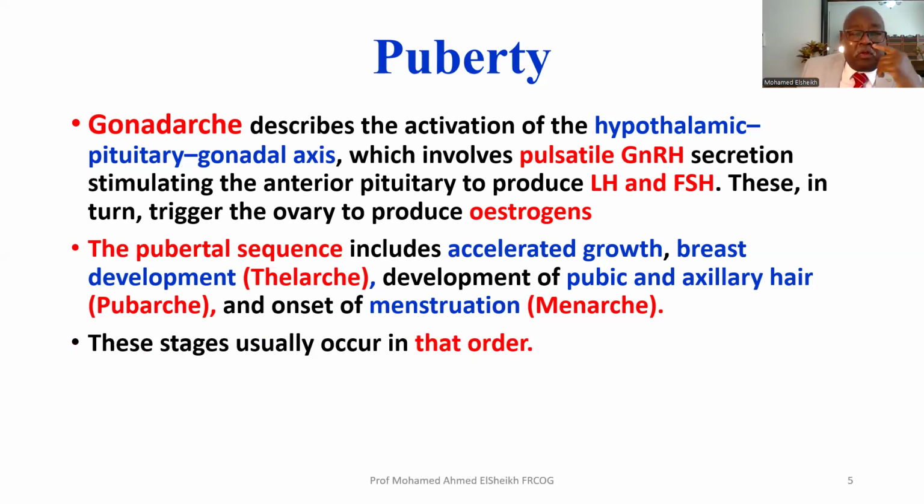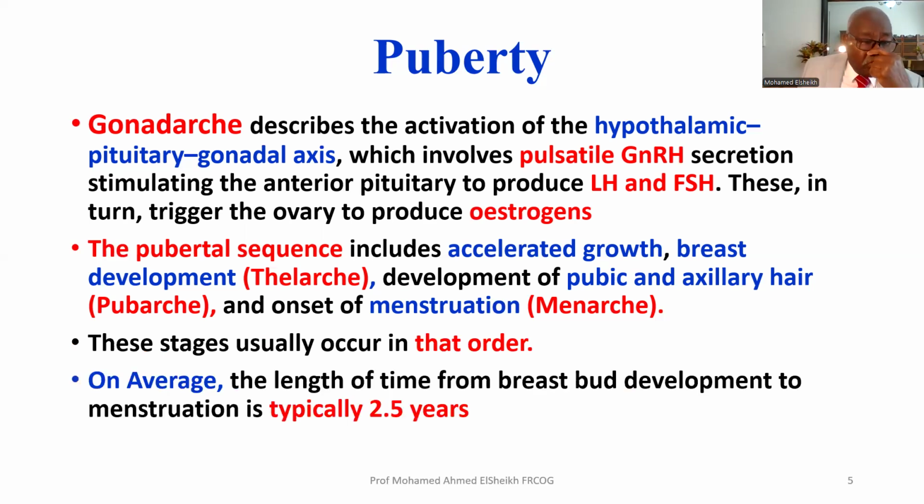Usually, these go in this same order and sequence: breast initially, pubic and axillary hair, followed by menstruation in a young girl. This is the usual way. The length of time from breast bud development to menstruation is typically 2.5 years.